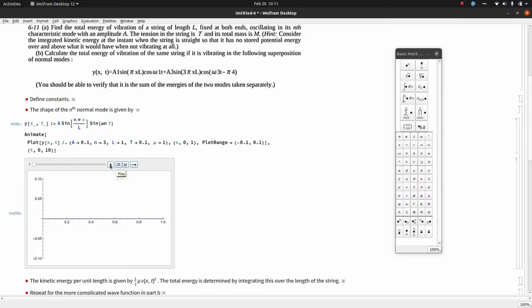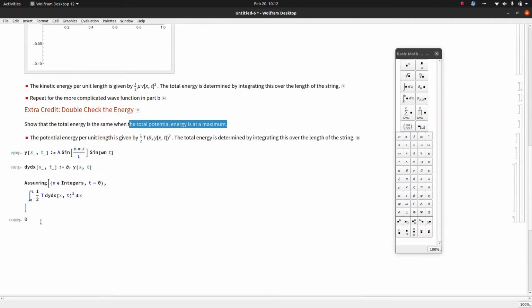It's all kinetic energy, and you can see it's about to pop out right here. Here it's starting to get a lot of potential energy because it's stretched. And this happens a quarter of the way through the period of oscillation. So if I plug in time equals 0, there's no potential energy here. So of course I'm going to get 0.